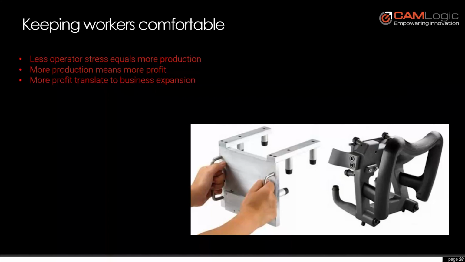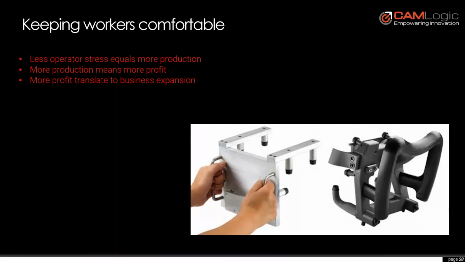It saves the operators that fatigue. The last thing we want those guys or gals doing is getting tired on the job by lifting this aluminum fixture plate over and over and over again. You have to remember these people are lifting these things up hundreds or even maybe thousands of times a day, which is a really good workout, but not everybody wants to go to the gym every day.